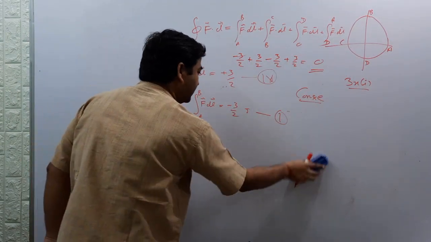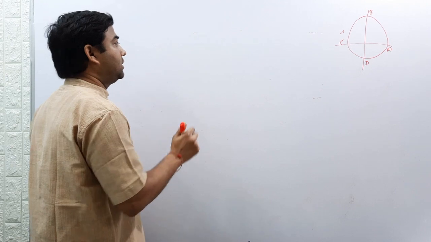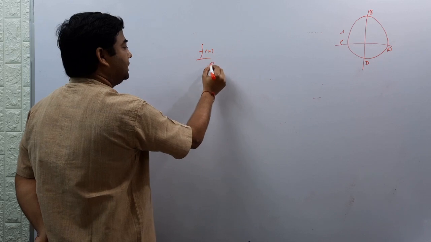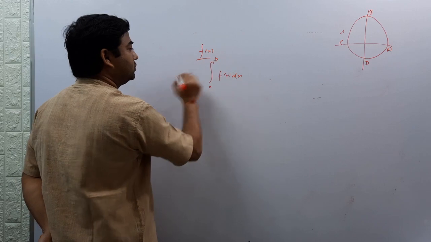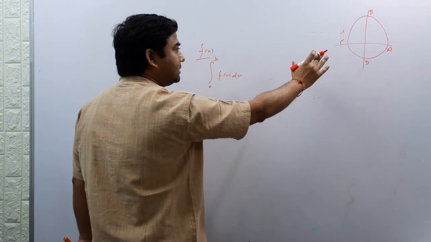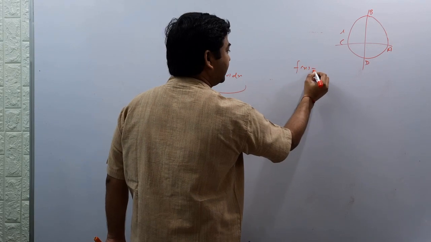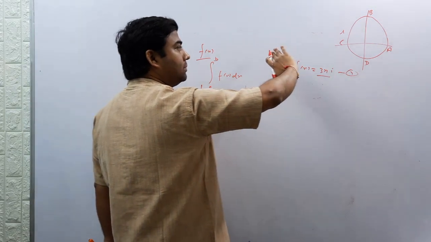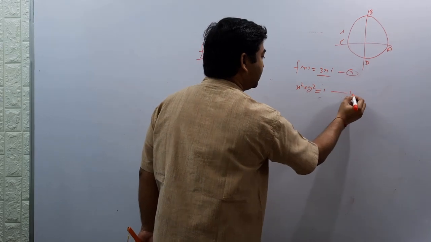So that was the introduction to line integration that we have discussed till now. In normal integration, we have a function and we integrate that function under certain limits a to b. Whereas in line integration, just see the difference. We have a vector function, which was 3xi, first thing, and second thing, we have a curve, the equation of the curve, that is x square plus y square is equal to 1.